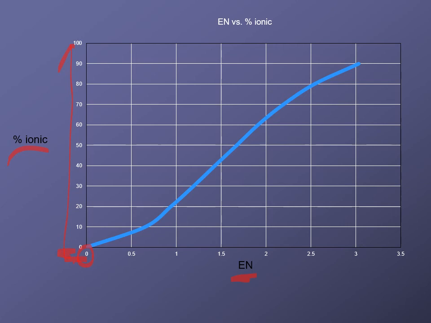But as we move from an electronegativity difference of 0 up to, let's say, 1.7, the percent ionicness of the bonds becomes greater. And so essentially that 1.7 cutoff is somewhere around 50% ionic.